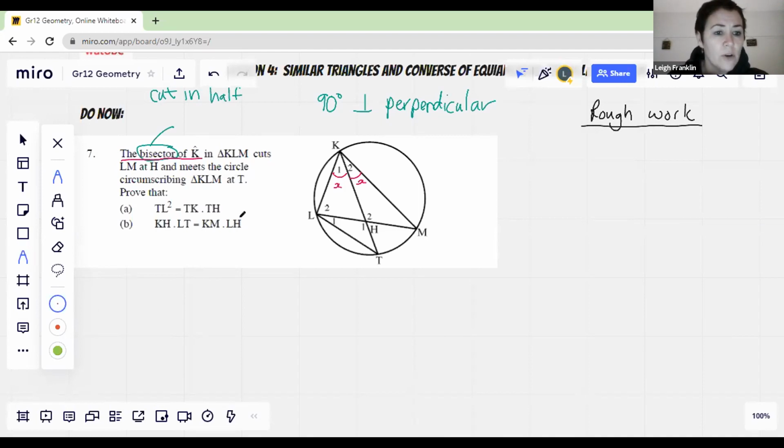And this is us trying to figure out in which triangles are we working. So we have a look at what they've given us. TL squared. Well, what does TL squared mean for us? Karabo, do you know? What does TL squared mean? I'm not sure, ma'am. It's okay, Karabo, but you know what?